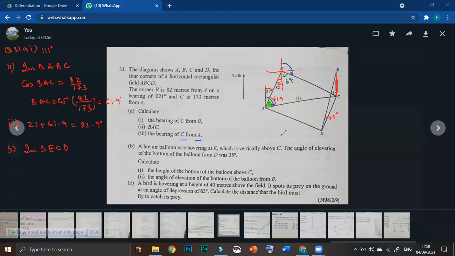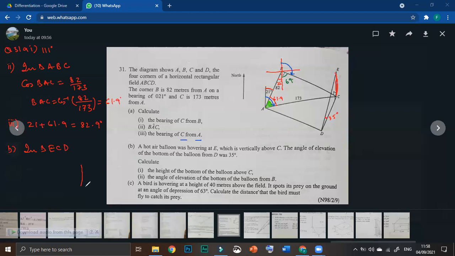Now which angle is 90 degrees in triangle ECD? C. C angle is 90 degrees.